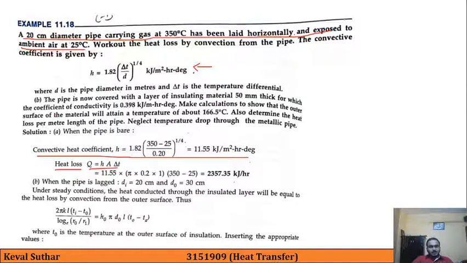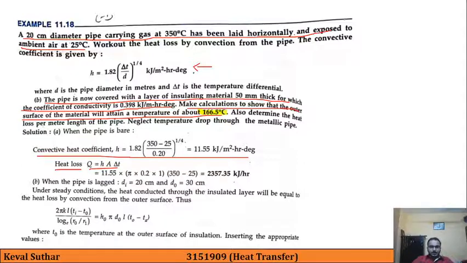Now the second question is interesting here, that the pipe is now covered with a layer of insulating material 15 mm thick, for which the thermal conductivity is given by this formula 0.398, and make the calculations to show that the outer surface of the material will attain a temperature of 166.5.